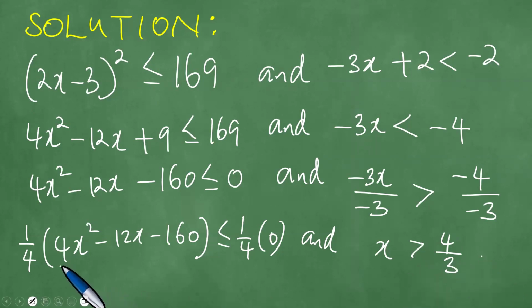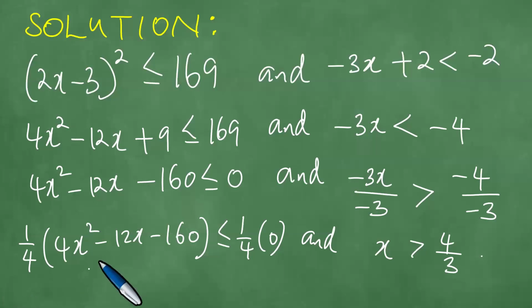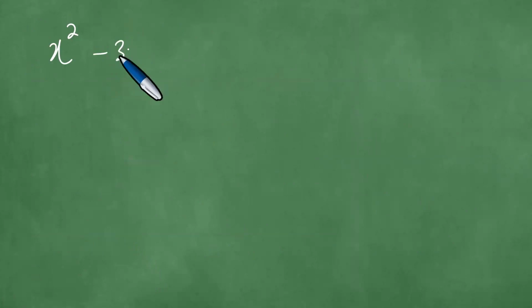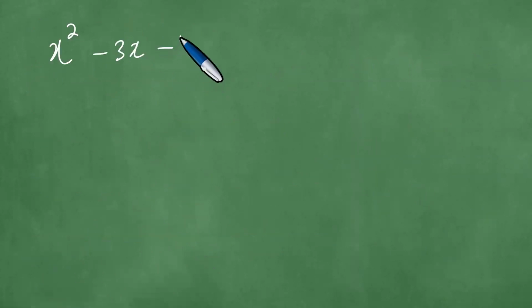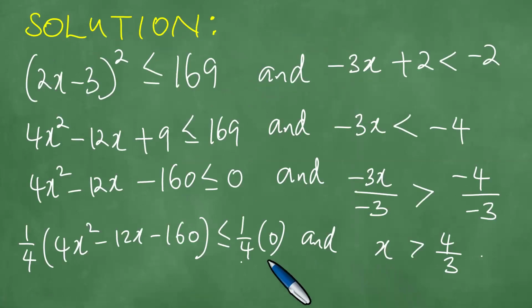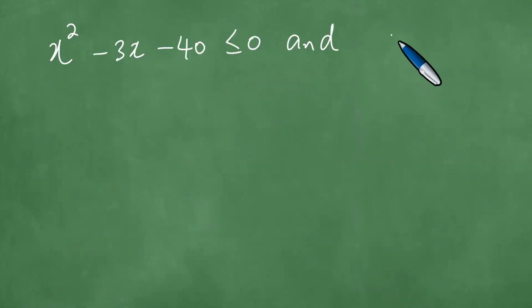Multiplying the quadratic inequality through by 1/4, we get x squared minus 3x minus 40 is less or equal to 0, and x is bigger than 4/3.